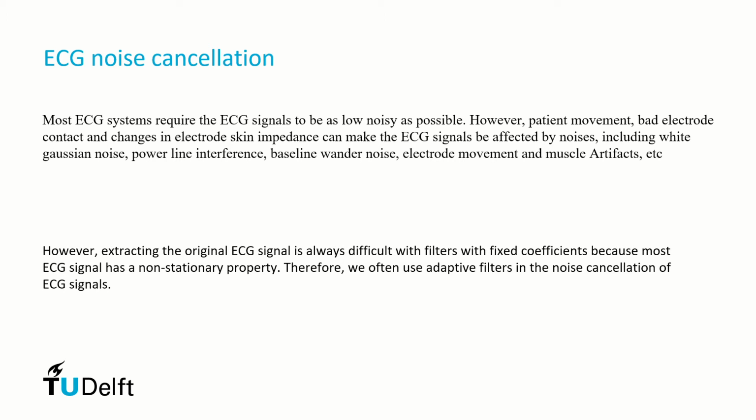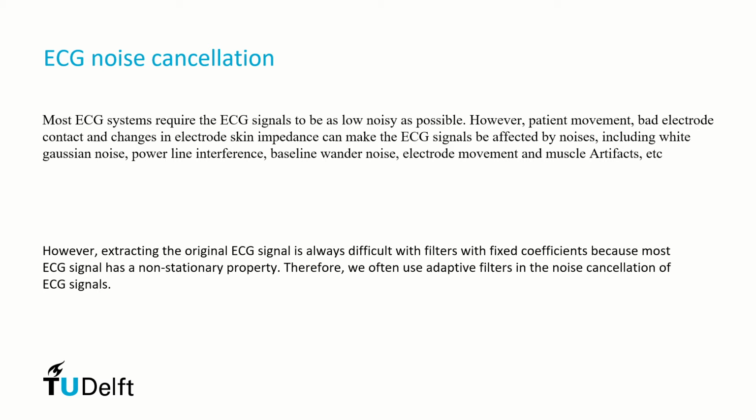However, most ECG systems require comparably low noisy ECG signals. However, patient movement, bad electrode contact, and changes in electrode skin impedance can make the ECG signal be affected by noises, including white Gaussian noise, power line interference, baseline wander noise, electrode movement, and muscle artifacts.